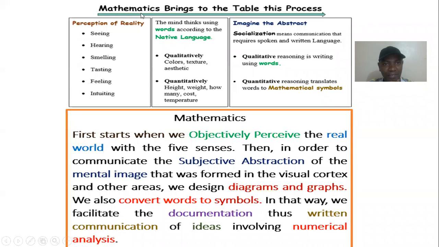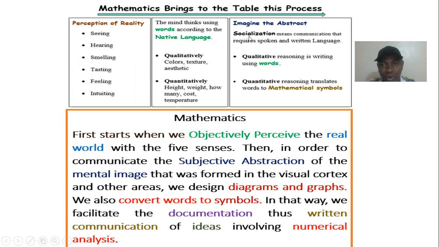So you can consider mathematics bringing to the table this process of perceiving reality: seeing, hearing, smelling, tasting, feeling, intuiting, and you have words in the mind, depending on the native language that you speak, qualitatively and quantitatively simultaneously. Qualitatively, colors, texture, and aesthetics. Quantitatively, height, weight, how many, the cost, the temperature, both happening simultaneously.